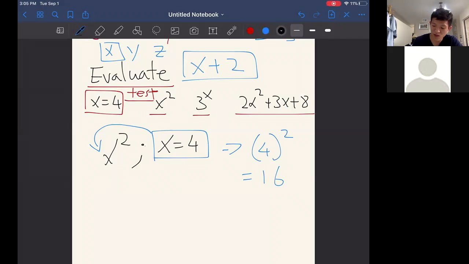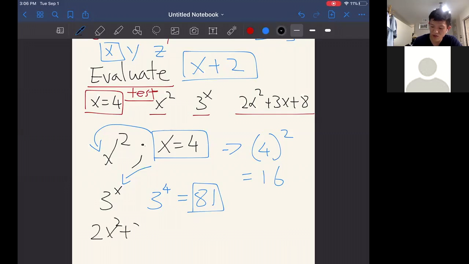Next one, we have 3 to the power of x when x is equal to 4. So again, we plug that into x, then we have 3 to the power of 4, right? Which is equal to, what is that equal to? 81, right? So the answer is 81. Lastly, we have 2x squared plus 3x plus 8.